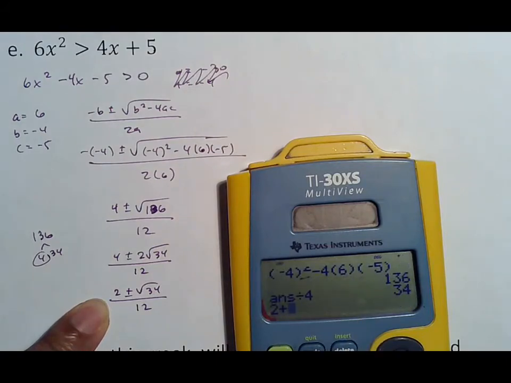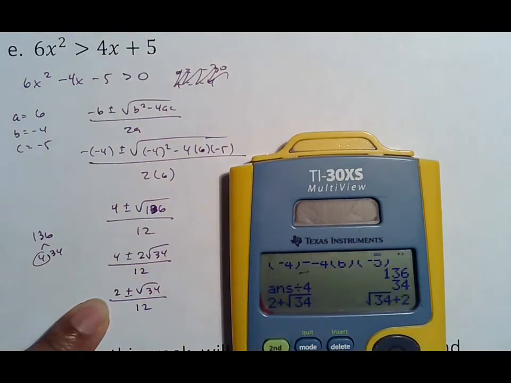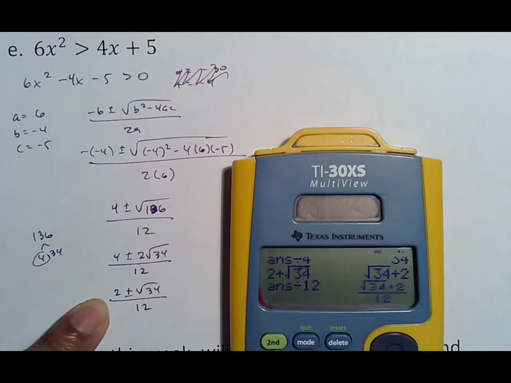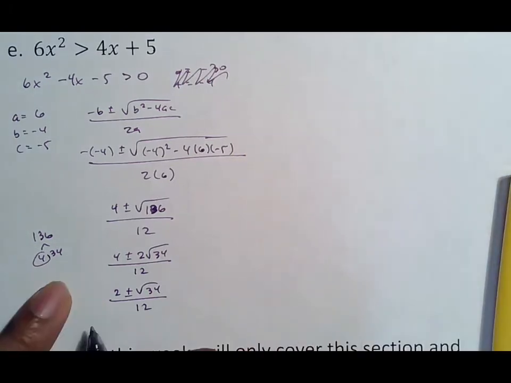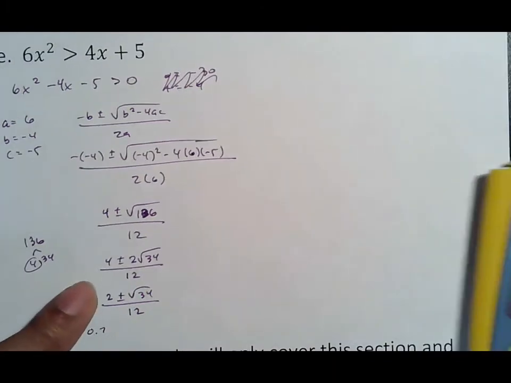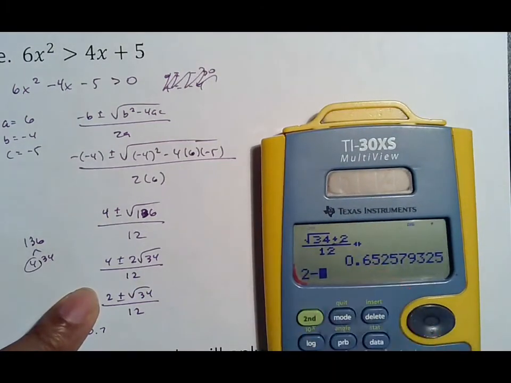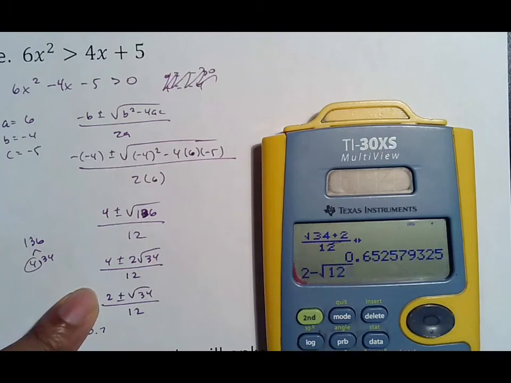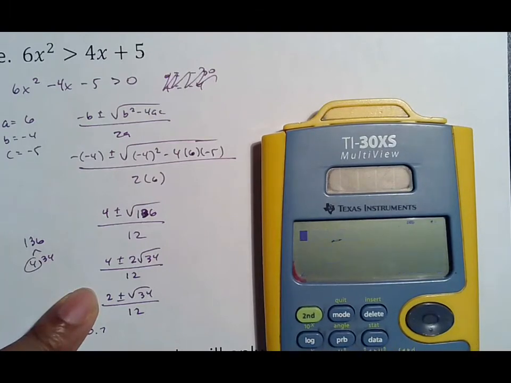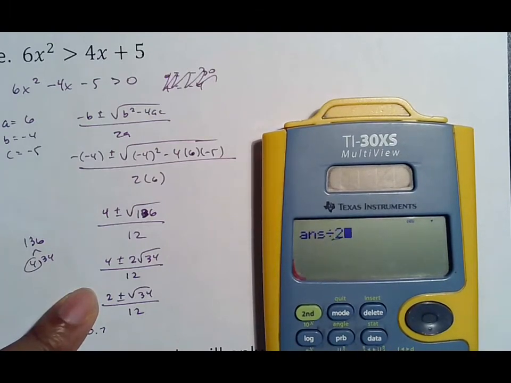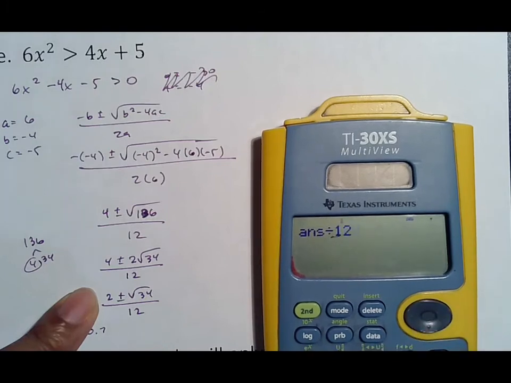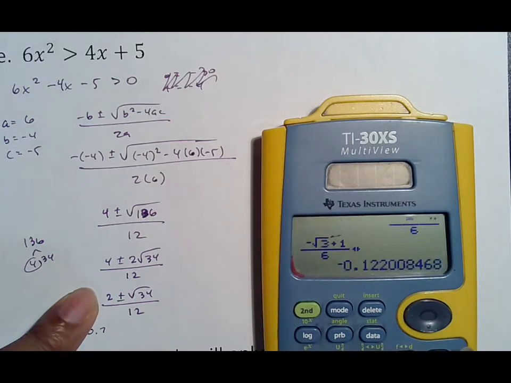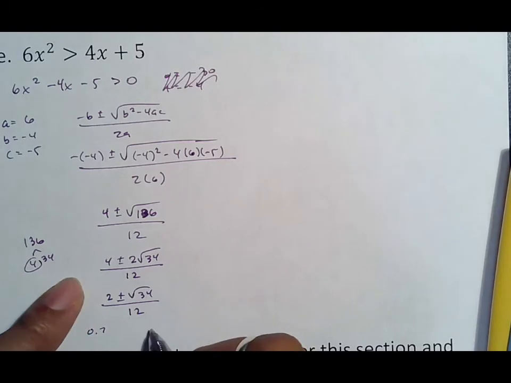So 2 plus root 34, divided by 12, let's convert that to a decimal. We get about 0.7, and then 2 minus root 34, divided by 12, convert that, is negative 0.1.